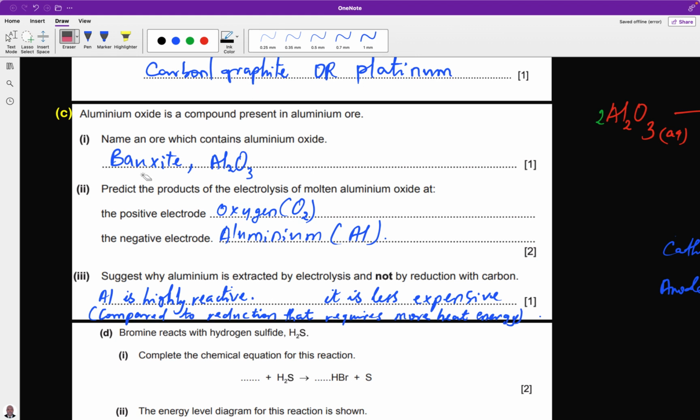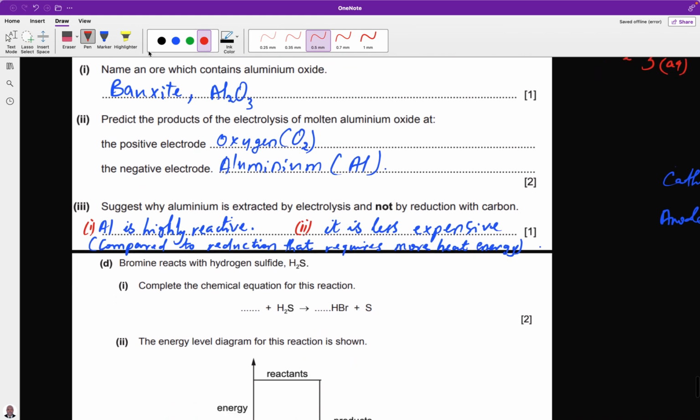There are 2 reasons. The first reason is that aluminum is highly reactive. The second reason is that it is less expensive compared to reduction that requires more heat energy. Okay.